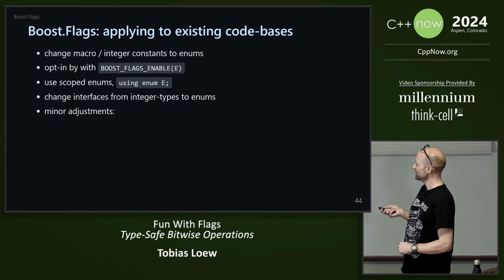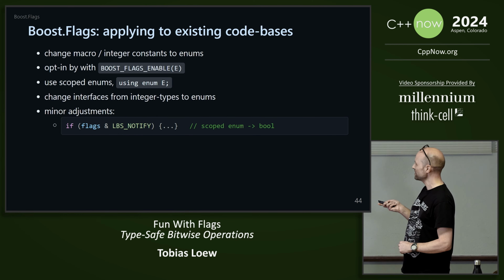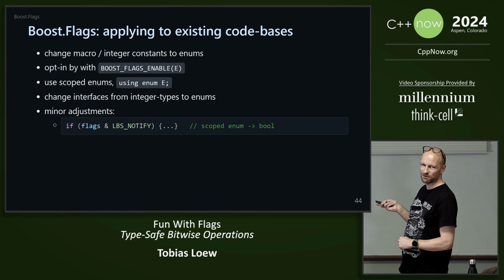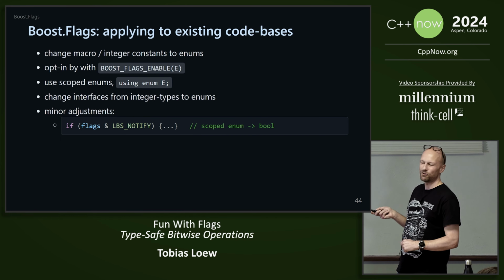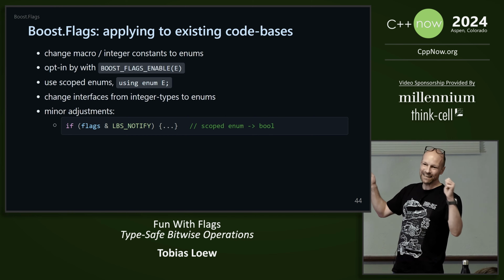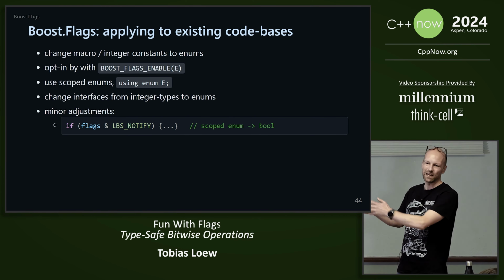There would be minor adjustments. With an unscoped enum this still works, but with a scoped enum you would have to put two bangs in front of it, or there's a function, Boost.flags any, which checks if any flag is set.